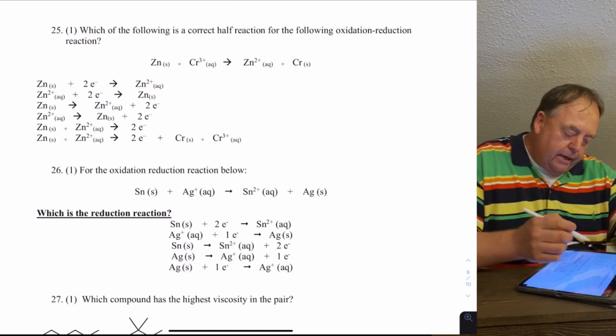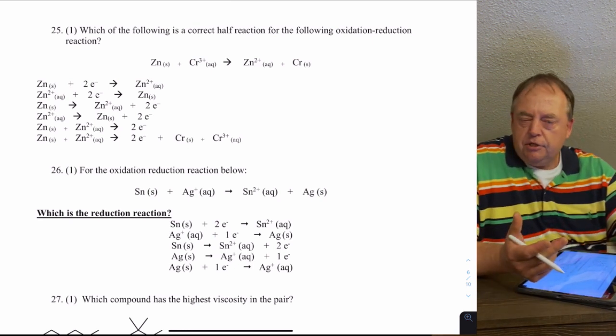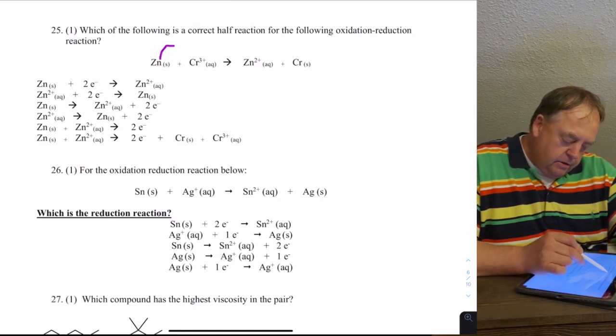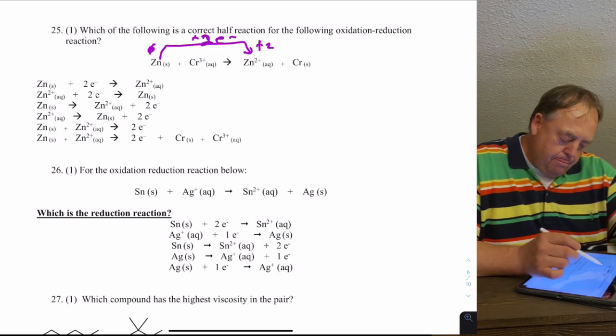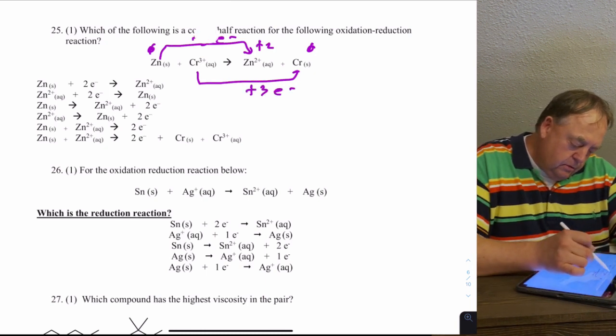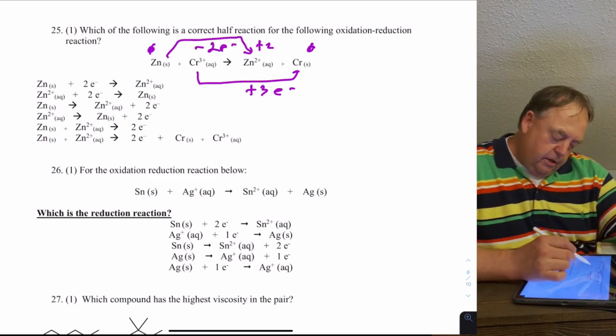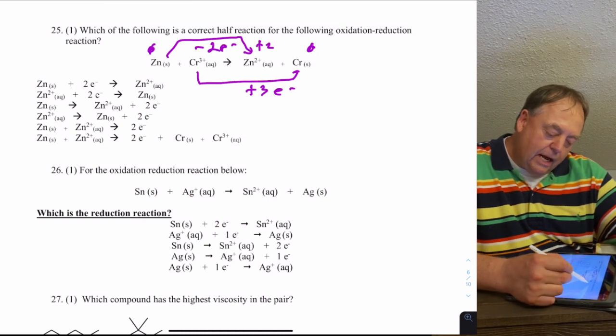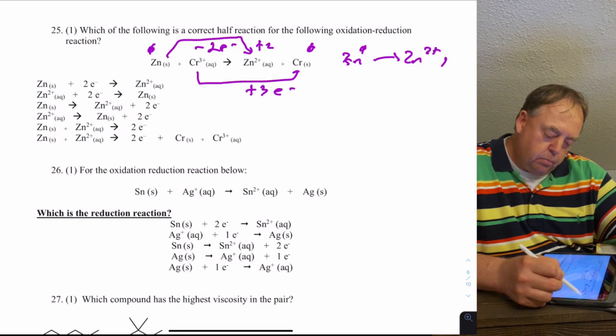Okay, and so for writing half reactions, so again, it's oxidation reduction. So zinc to zinc 2+, that means how does it go from being 0 charge to +2? By losing 2 electrons. And how does chromium go from being +3 to 0? By gaining 3 electrons. Okay, so one half reaction is zinc 0 goes to zinc 2+ plus 2 electrons.